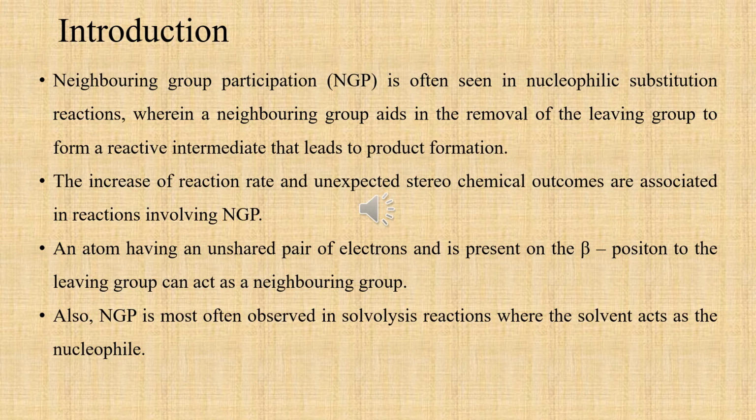An atom having an unshared pair of electrons and present on the beta position to the leaving group can act as a neighboring group. Also, neighboring group participation is most often observed in solvolysis reactions where the solvent acts as nucleophile.